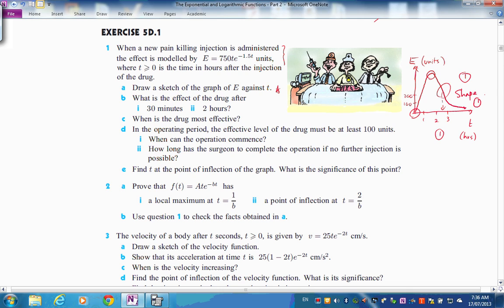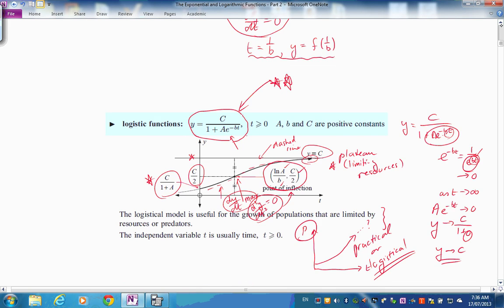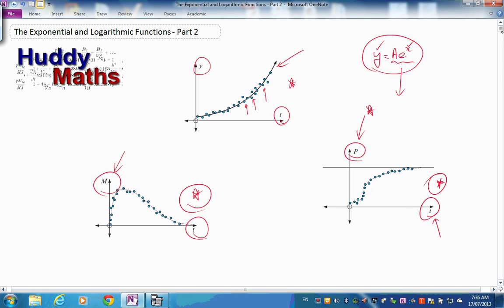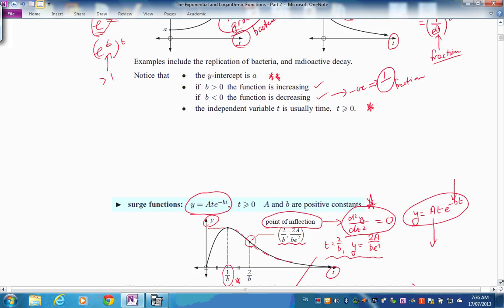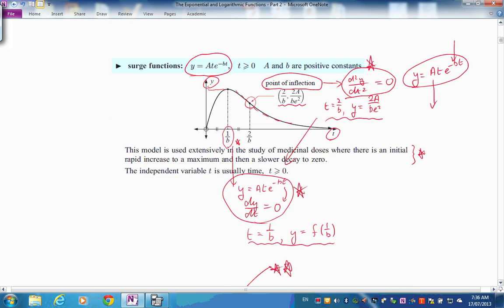So you really do need to pay attention to that. We have to go back up and have a look at, not that far though, just come down here. Can you see the surge function, because of that t is 0, starts at 0, and have a look at its shape.